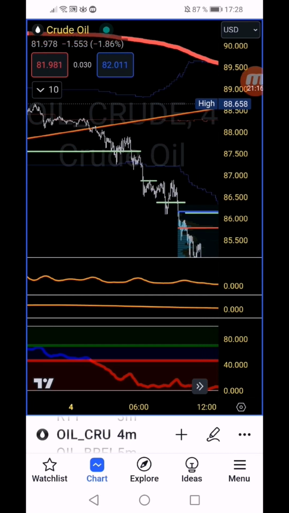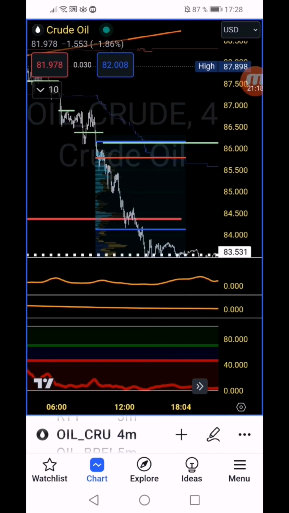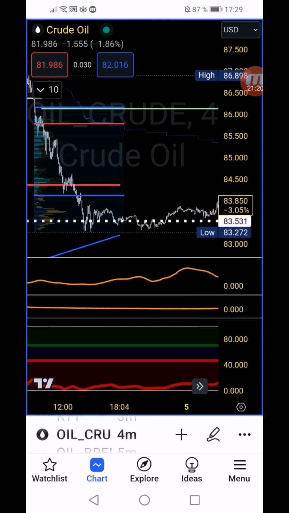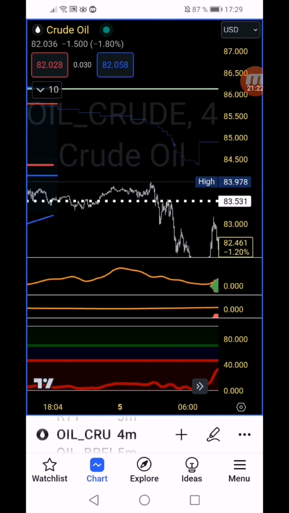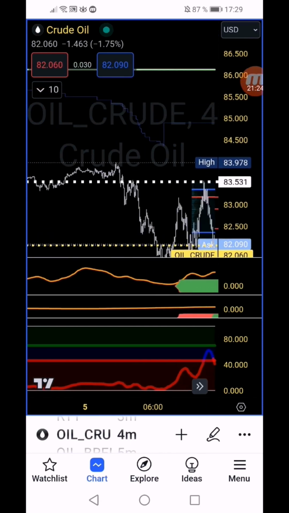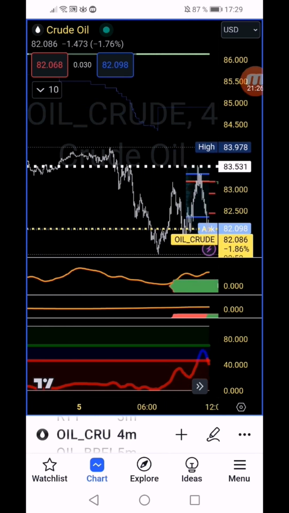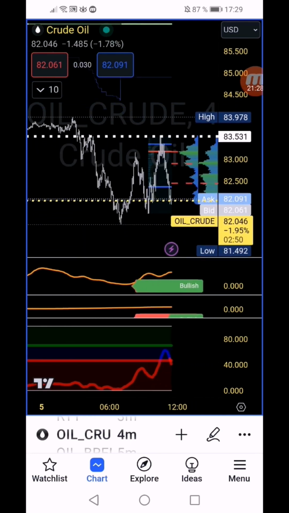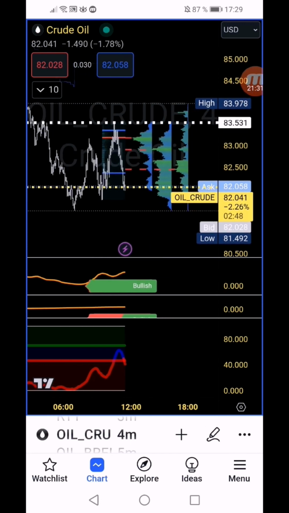Bam. Look how oil came down, fantastic. Look here, ooh, it's going higher. Everybody was buying and the market fell deeper.